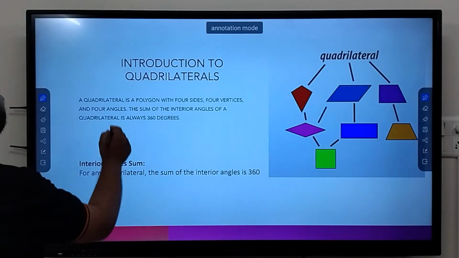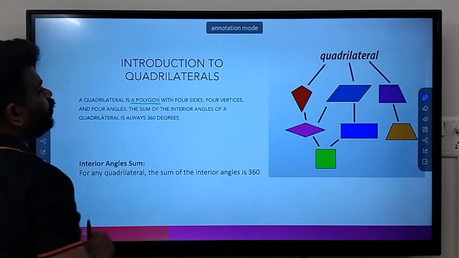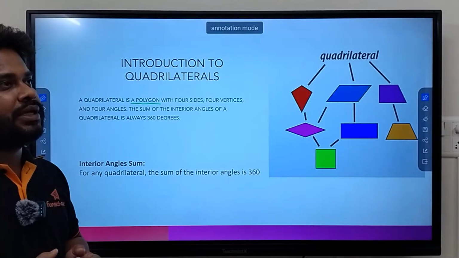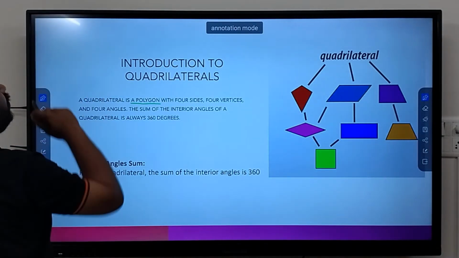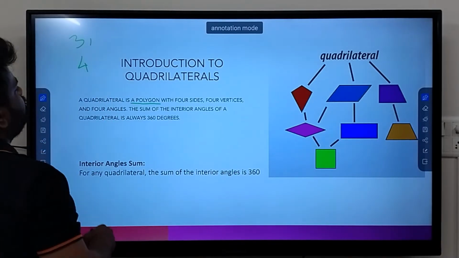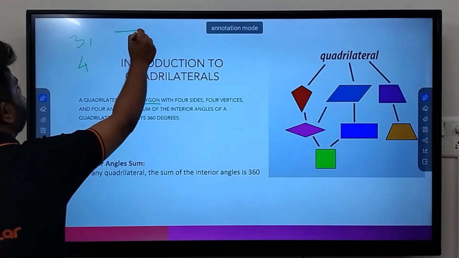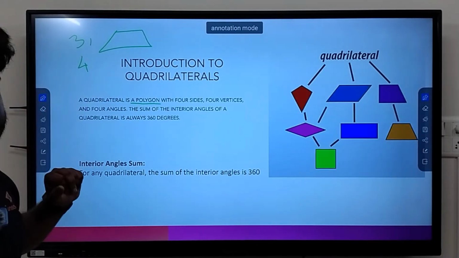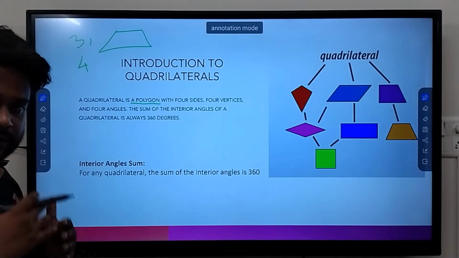understand that a quadrilateral is a polygon, and we know that polygons are particular geometrical shapes, and we don't start from 3, we start from 4. If a polygon has 4 sides, it will be called a quadrilateral, which we are currently studying.